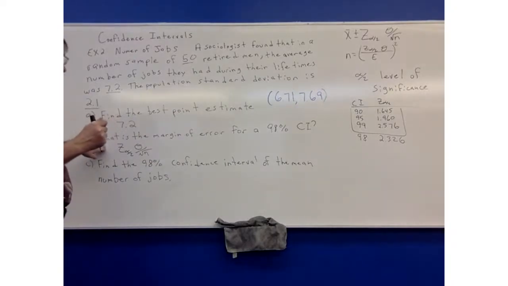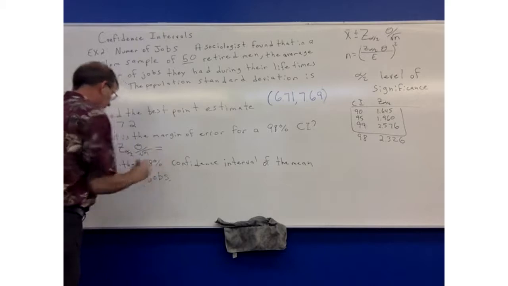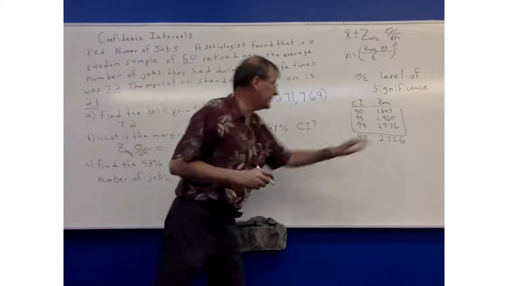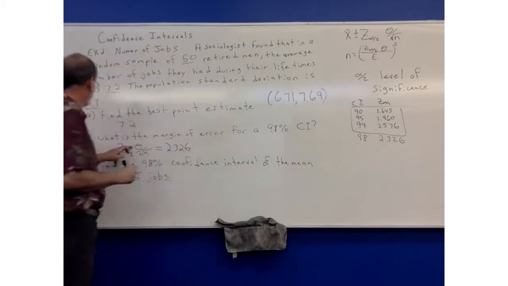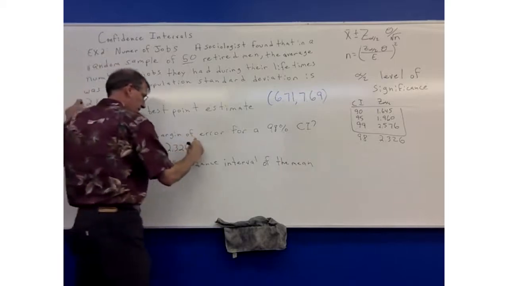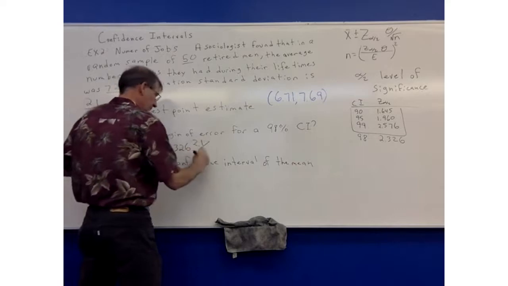What is the margin of error for a 98% confidence interval? Well, our critical value for this is 2.326. Our standard deviation is 2.1 over the square root of 50.